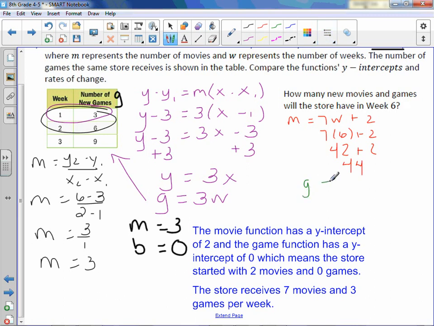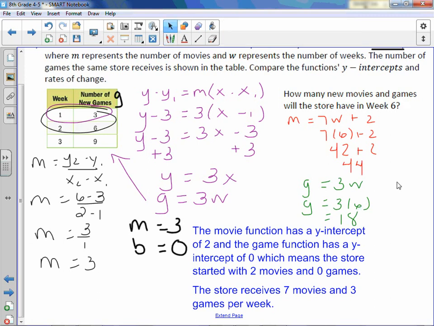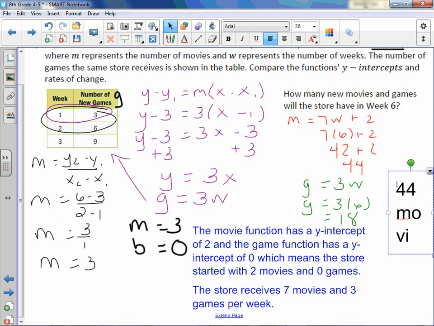Games is 3 times w, which is 3 times 6, which is 18. So the store receives 44 movies and 18 games.